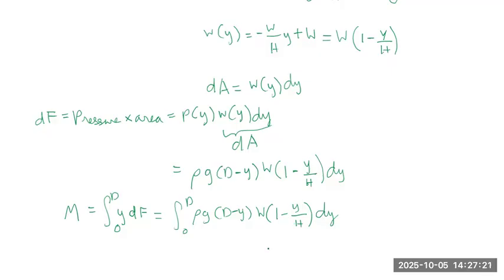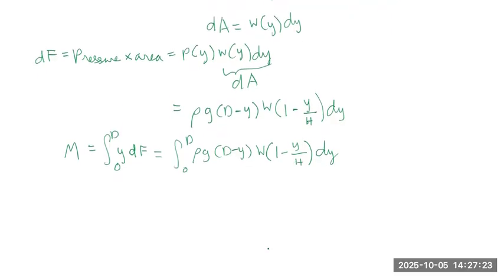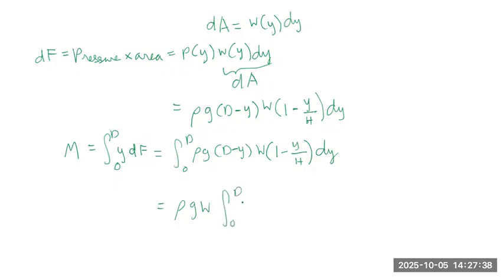And let's evaluate this integral now. So there are certain constants that we can pull out. We can pull out the rho g w, and in doing so, we are left with (d minus y) times (1 minus y over h) inside.